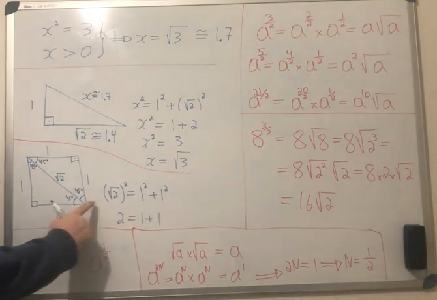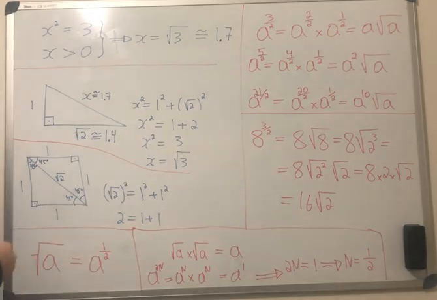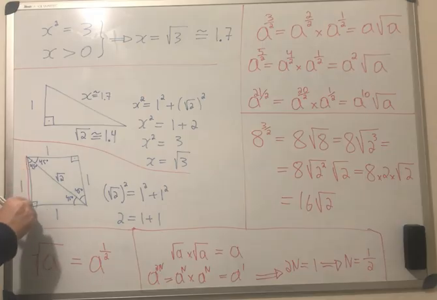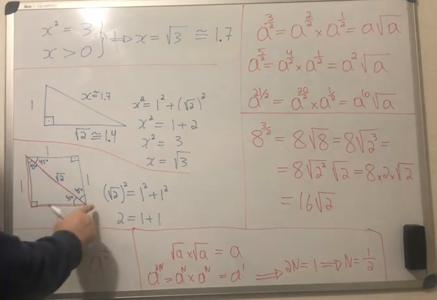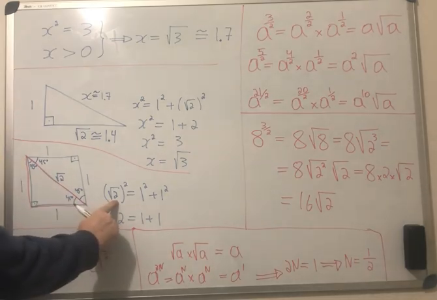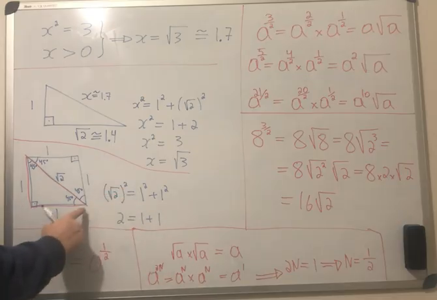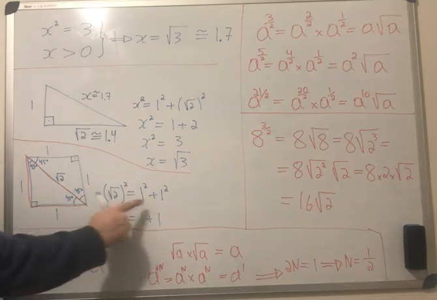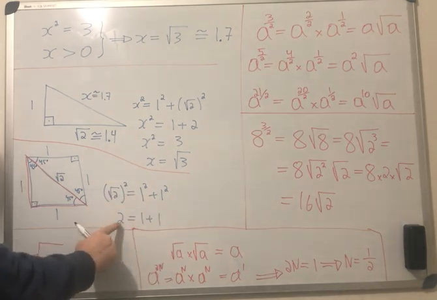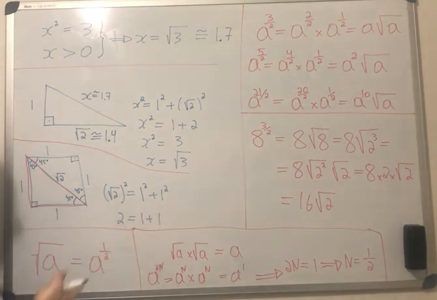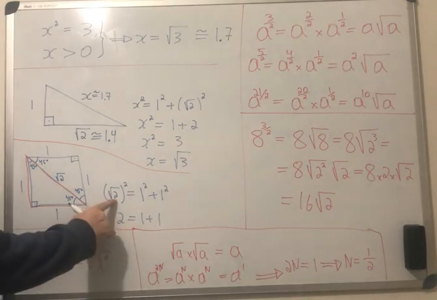And we can pick one of these triangles, this triangle here in red, and apply Pythagoras to it. The hypotenuse is square root of 2 squared, this leg is 1, squared, the other leg is also 1, squared, and of course I get 2 equals 1 plus 1, which we know is true. So this diagonal here has to be square root of 2.